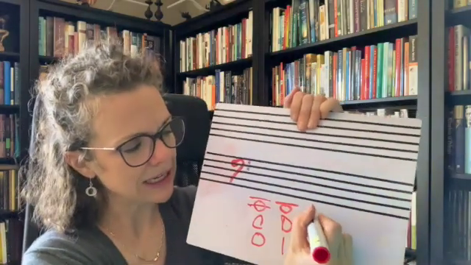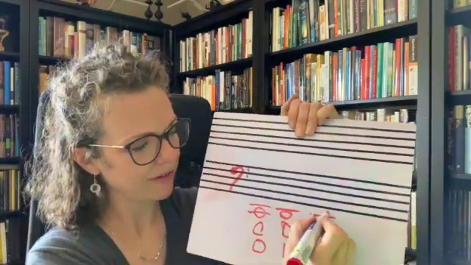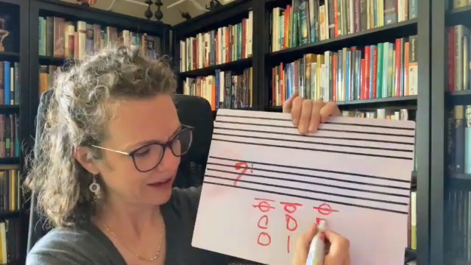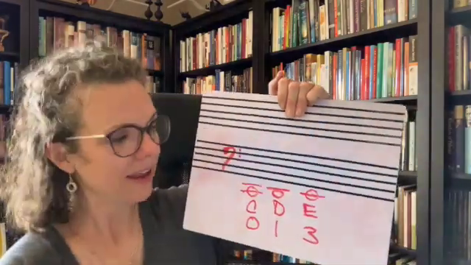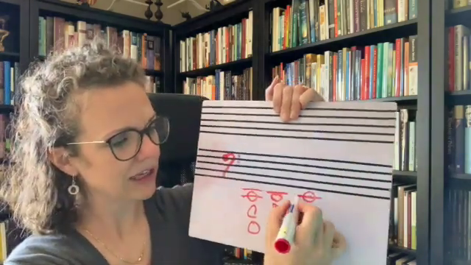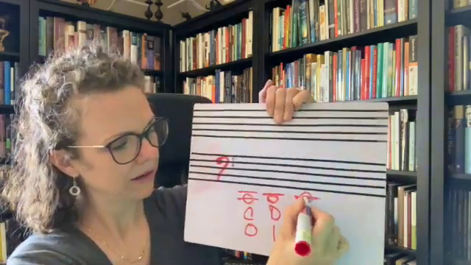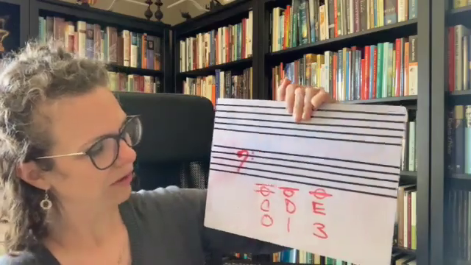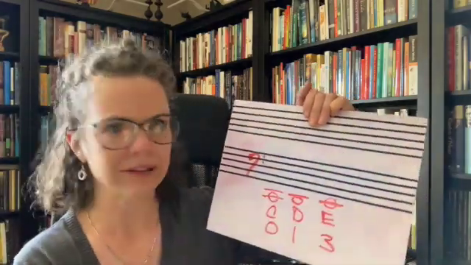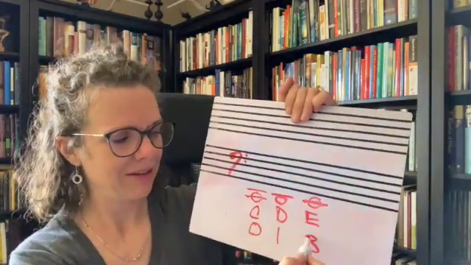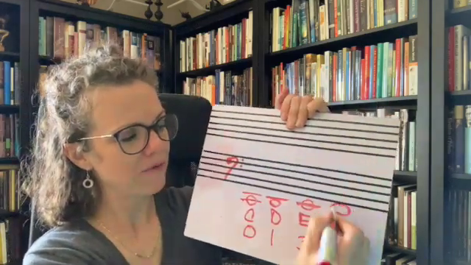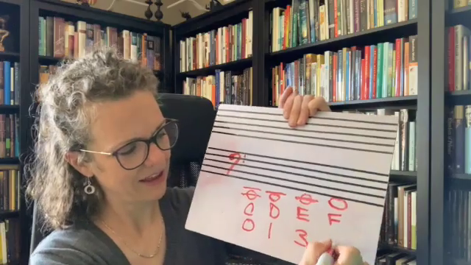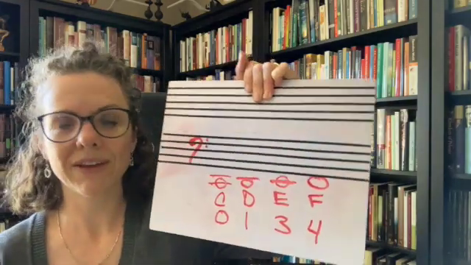Stepping up from D, we have E, third finger, okay? And I think this kind of looks like a planet. Saturn, I don't know. Saturn's the one that has all the rings, right? So E, third finger. Then stepping up, fourth finger, F, okay?